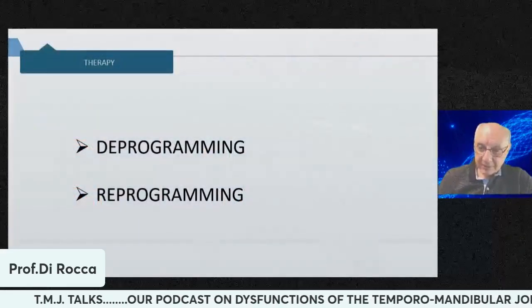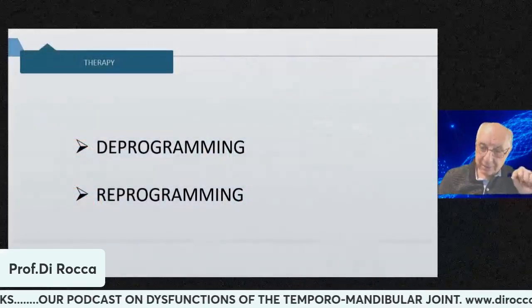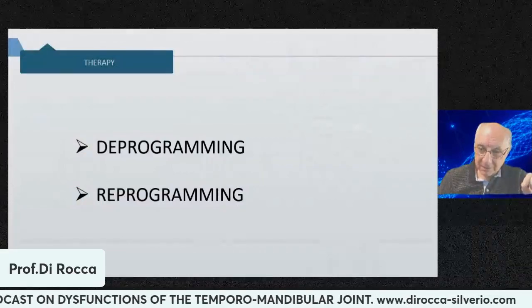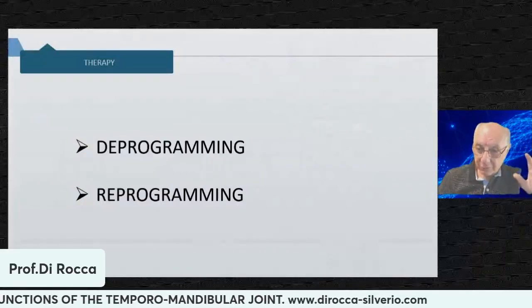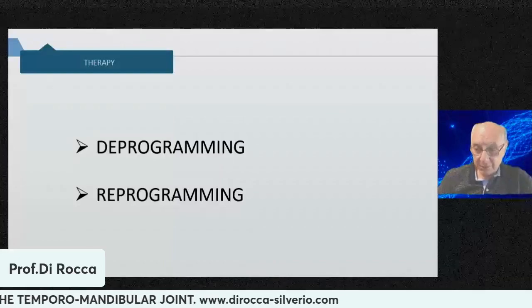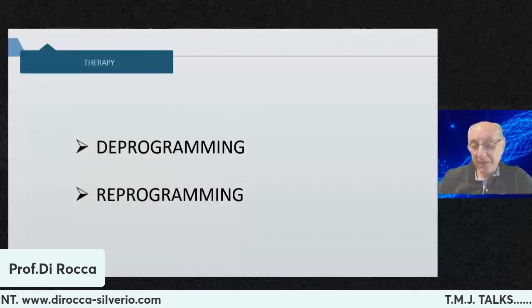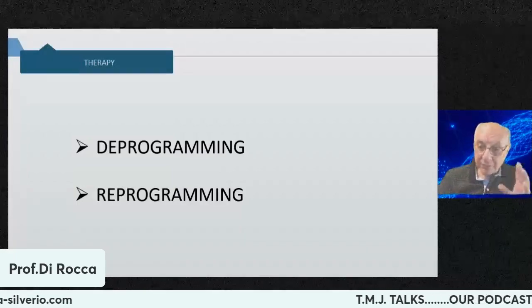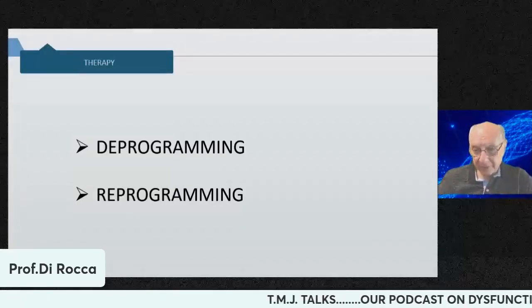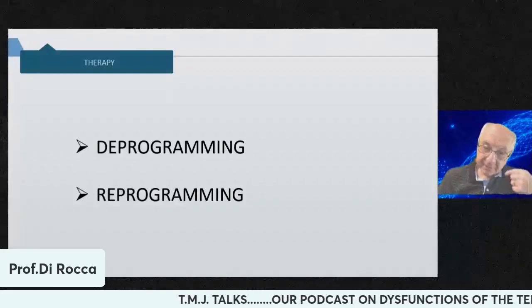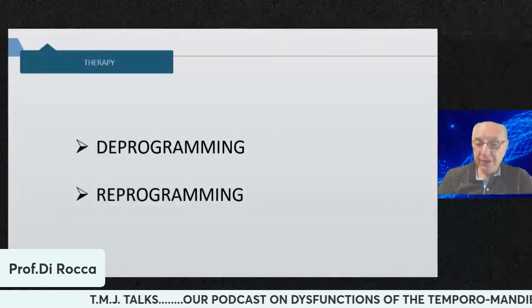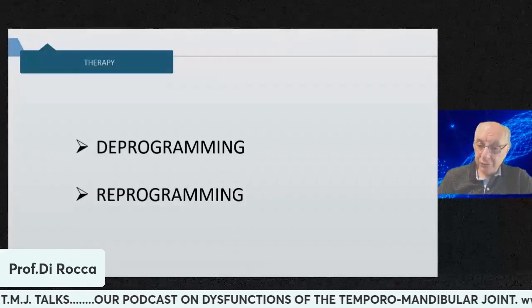The therapy is deprogramming, reprogramming. We do deprogramming of the jaw. That means we annul the occlusal situation. Then we do physiotherapy and osteopathy. And after that, we do the reprogramming of the jaw.